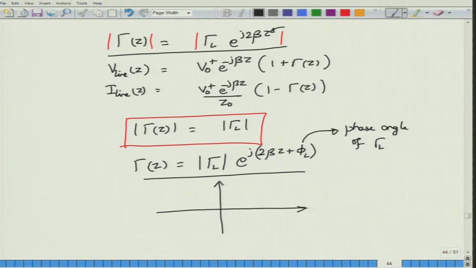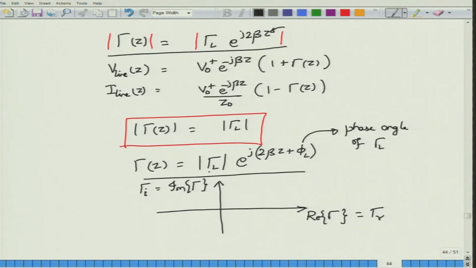On the horizontal axis, we write the real part of gamma, and I do not keep carrying around this z factor. Whenever I speak of reflection coefficient, I actually mean the reflection coefficient on the line. Therefore, I can denote the real part of gamma by gamma with a subscript r. Similarly, on the y axis, I will have the imaginary component of the reflection coefficient, which we denote as gamma with a subscript i.